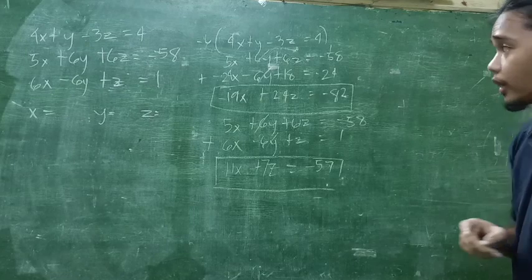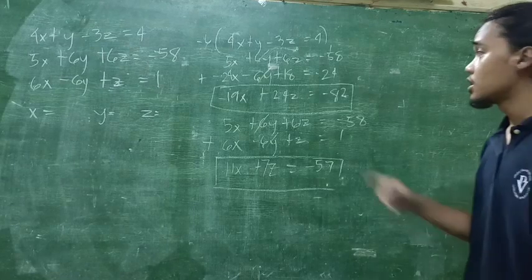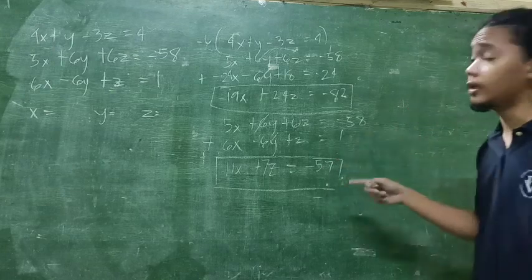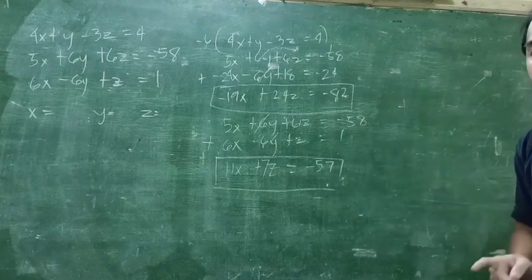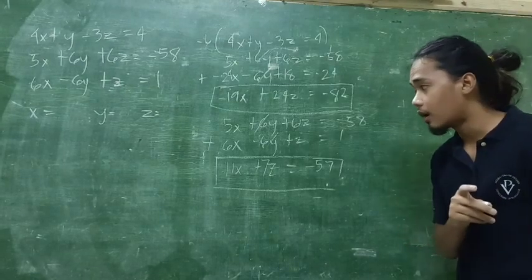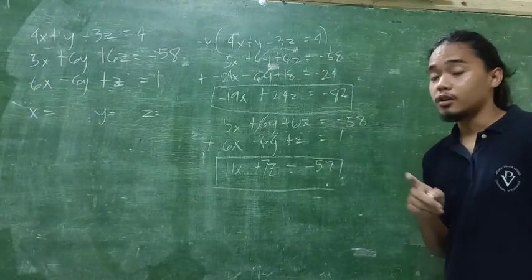You might be wondering why I asked you to keep this equation, because we will be using it to eliminate our second variable for us to find the value of the one variable that is left.